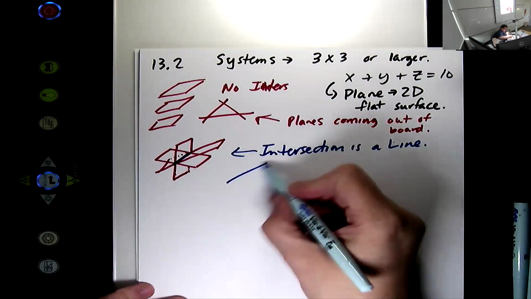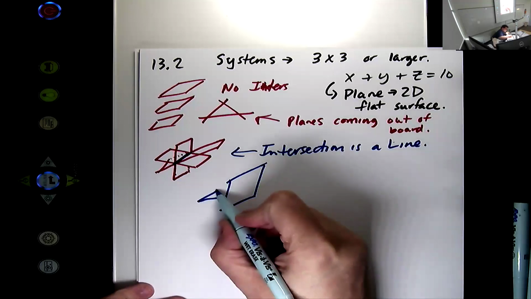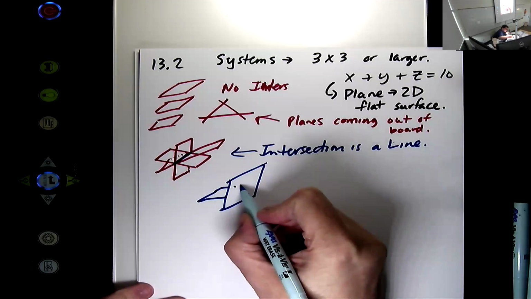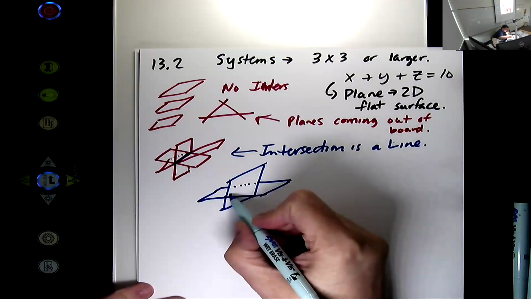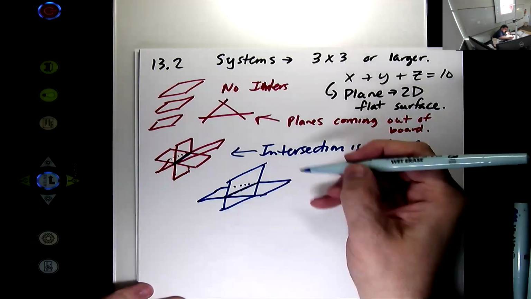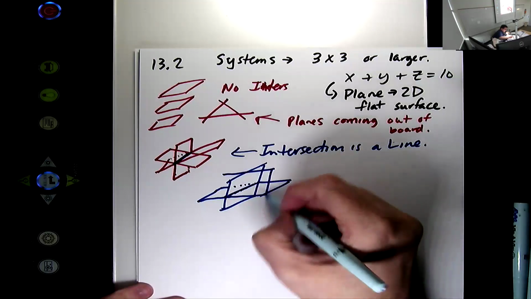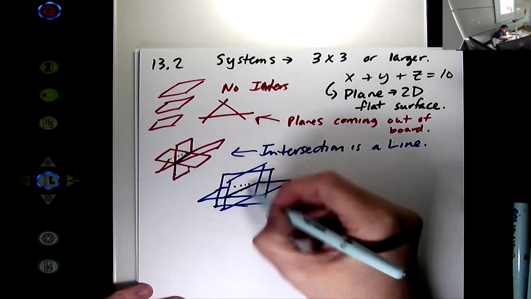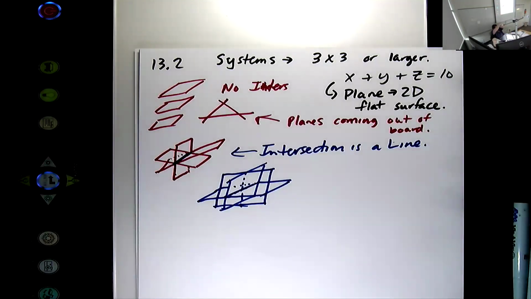Or we could have it where it's intersecting right there, and we will have a plane that's like this. This is terrible. Just taking 3 of them, making them all perpendicular.